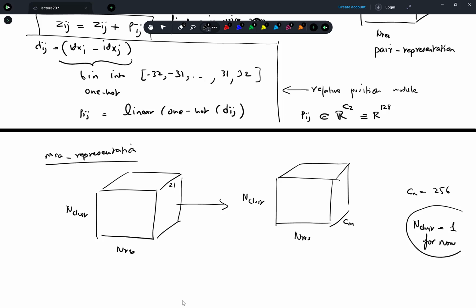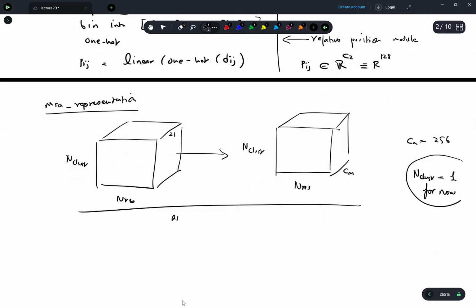Regardless, your raw input n clust will be equal to 1, but I can actually generate whatever size output you want. It's just like you do linear projections after linear projections, almost like we have several filters, if you will.